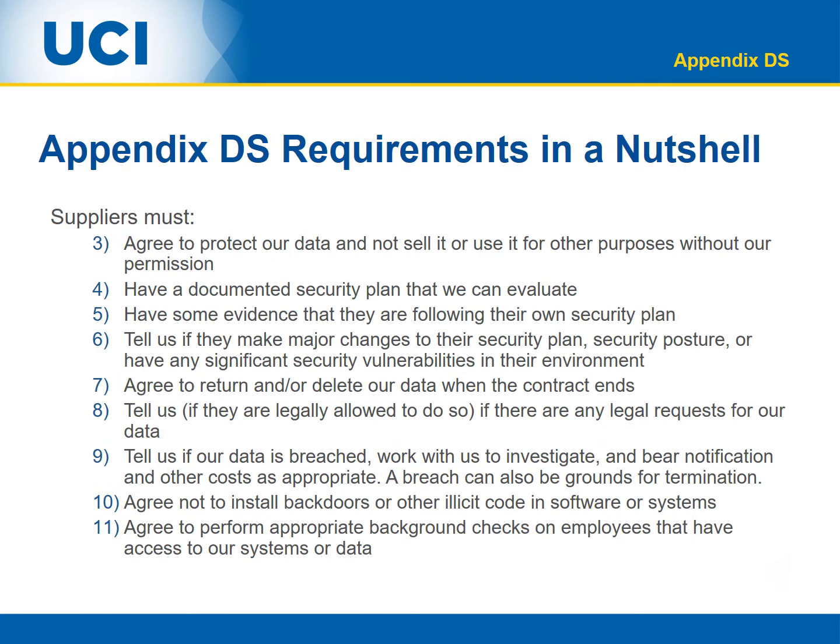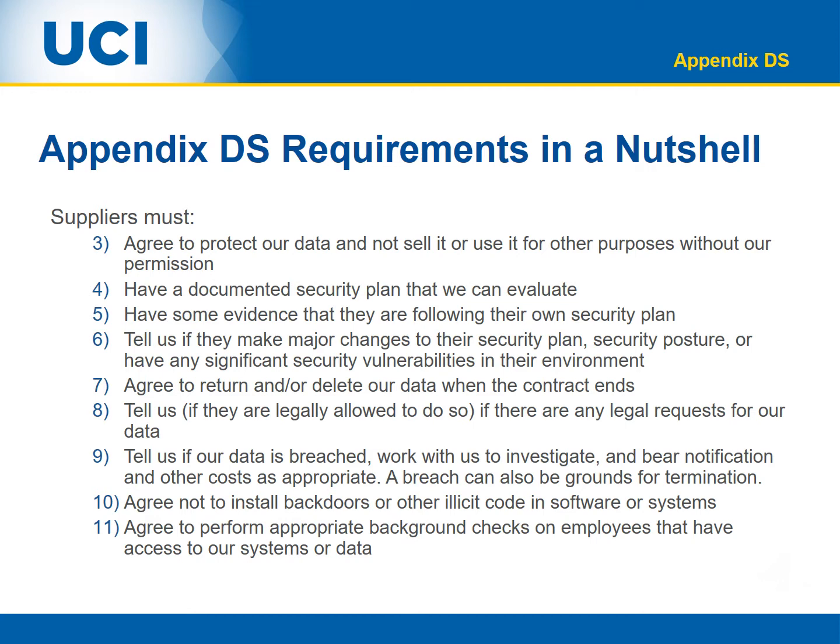So Appendix DS requirements in a nutshell. You'll notice that I started the numbering at 3, and that's to correspond with starting with the 3rd article in Appendix DS. But these are the 9 articles that are really basic, straightforward protections that we want to have in the data security appendix. Number 3 is we want the supplier to agree to protect our data and not sell it for other purposes without our permission.